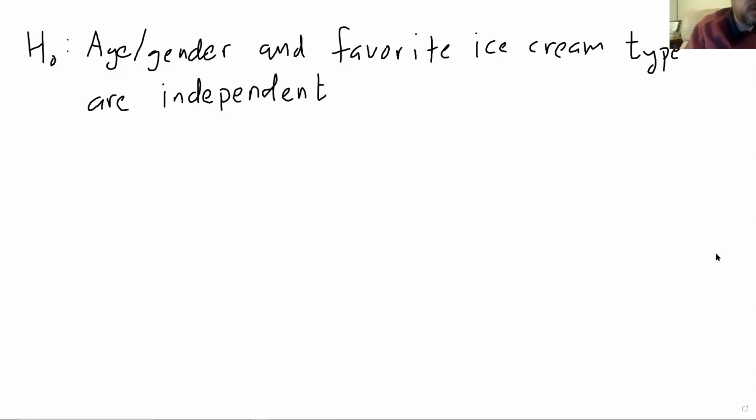That would be my null, and my alternative hypothesis, of course, is that they are dependent. I'm just going to say they, which is a little lazy, but it's clear enough what we mean. They are dependent.